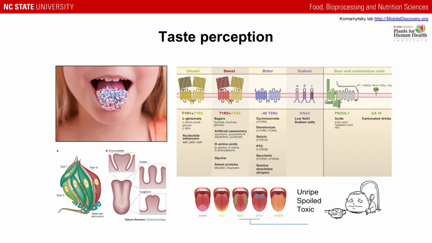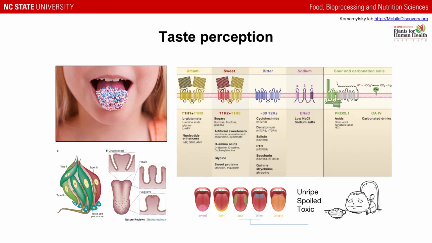So these are the only 2 combinations specific for umami and sweet taste. The bitterness is completely different. Instead of having a single combination of 2 receptors to perceive things, bitterness is perceived by exactly 25 receptors in humans. Okay? If you look at the different mammals, you'll get different numbers. For example, mouse has 40 bitter receptors.